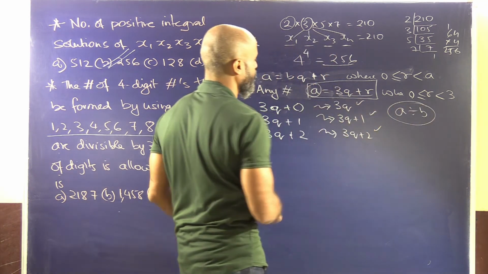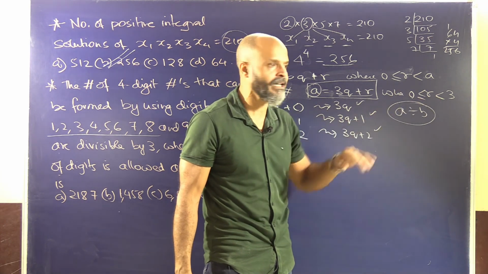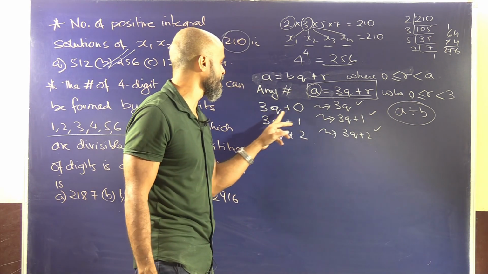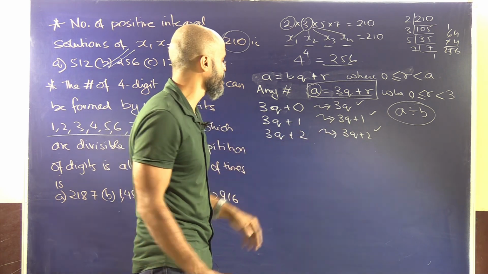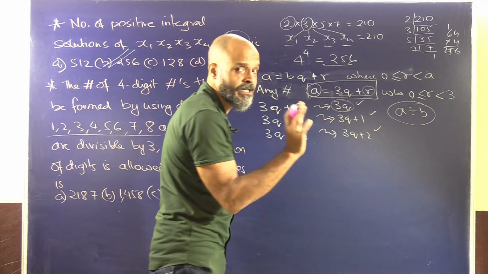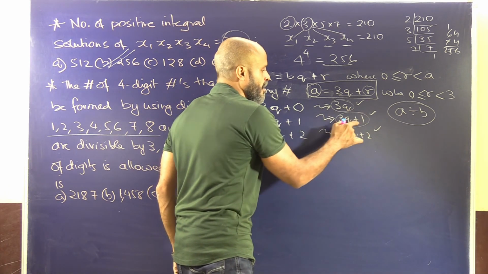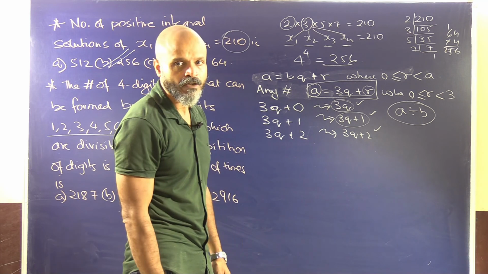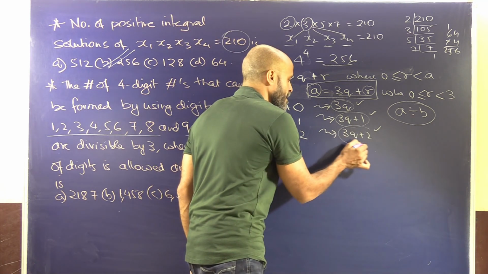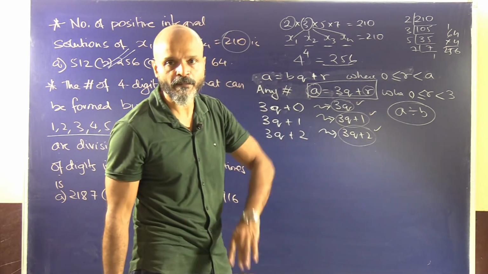So we get a is equal to 3q plus r, where r is greater than or equal to 0 and less than 3. In the case of remainder 0, the number is exactly divisible by 3. With remainder 1, the number is not divisible by 3, and with remainder 2, the number is not divisible by 3. Obviously 3 cannot be a remainder.